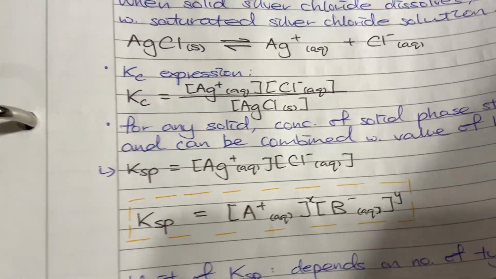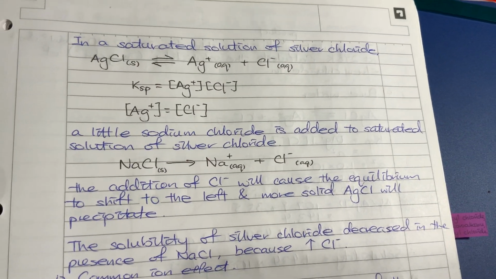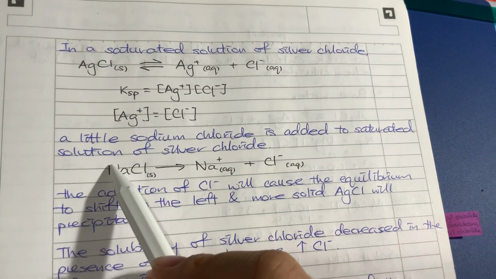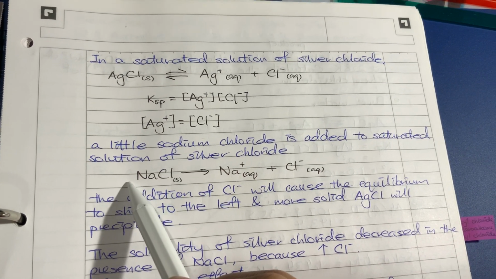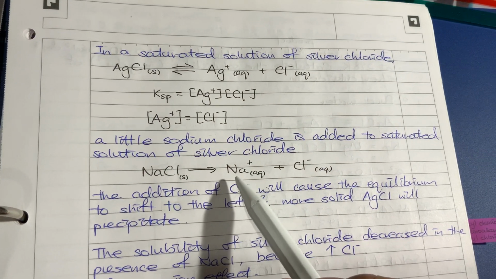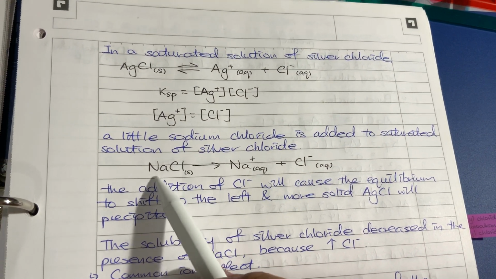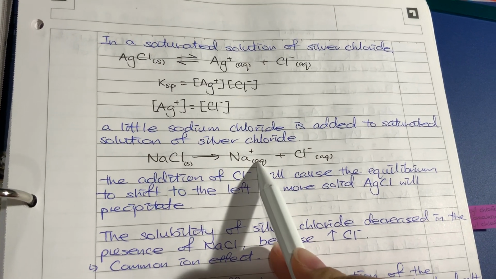For the common ion effect though, here I've said that if I was to add a bit of sodium chloride into the saturated solution of silver chloride, well, if I just dissolve this NaCl, I'll get Na+ and Cl-.